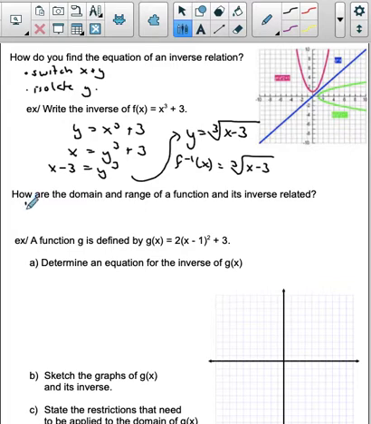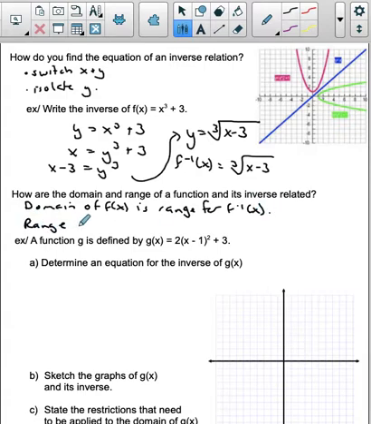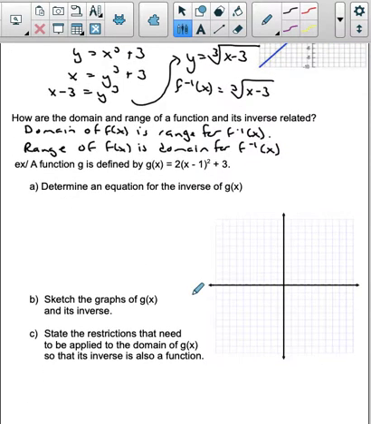So the domain of f at x is the range for f inverse at x, and the opposite is also true. The range of f at x is the domain for f inverse at x.